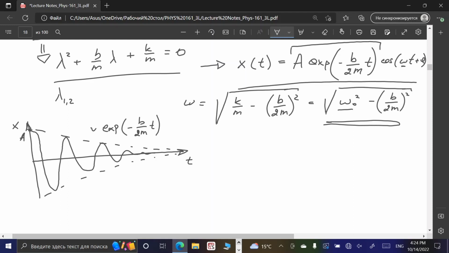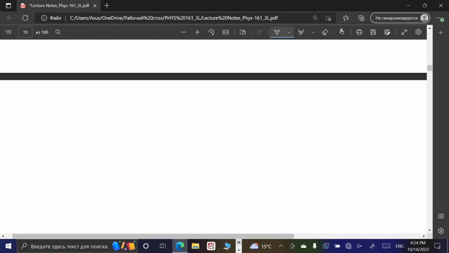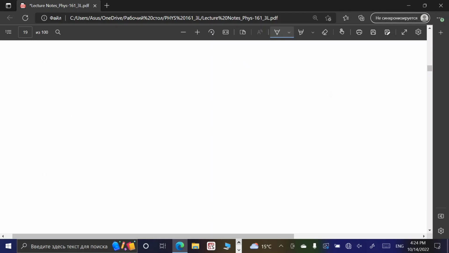Now, let us see what will happen when, besides the spring force and drag force, which are exerted on the block in the previous example, we will, on top of this, add a time-dependent external force which changes periodically.